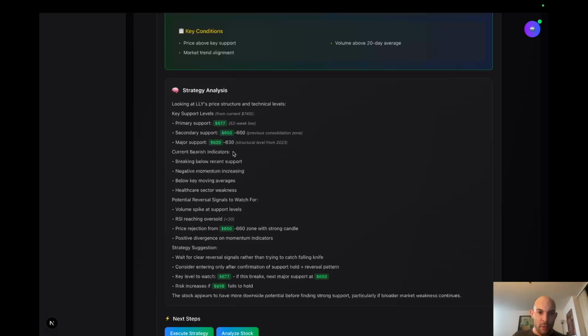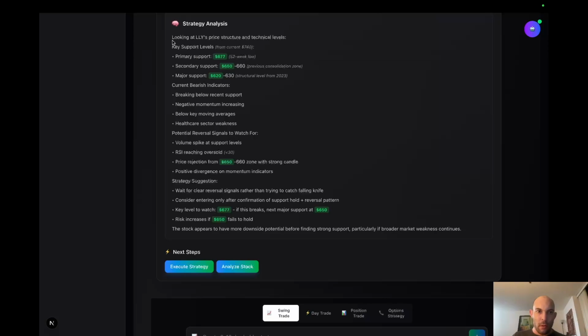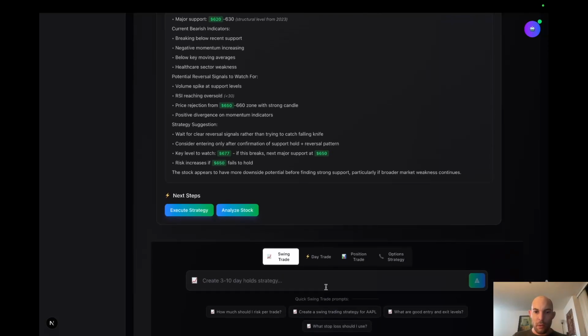Secondary support 650. This stock appears to have more downside potential before any strong support. Explain that more clearly so I understand.